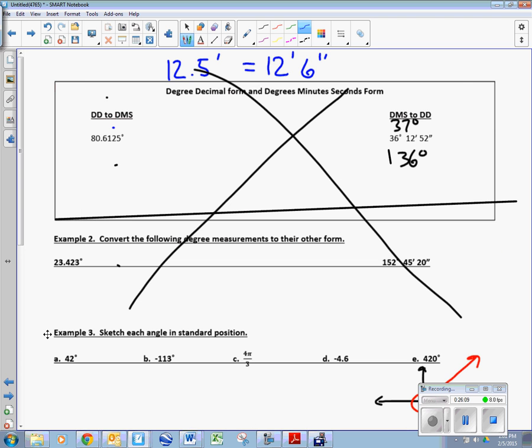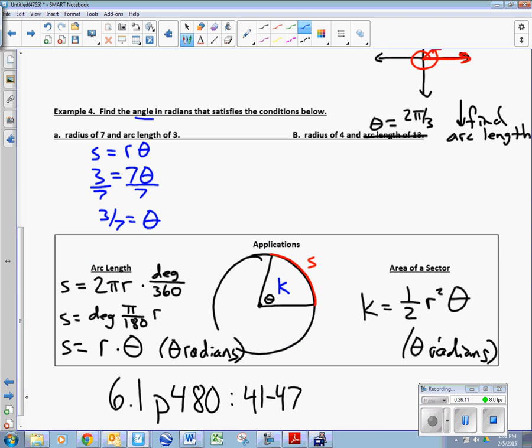Look at the next one. I've changed the problem just slightly. It says radius of 4 and theta is 2 pi over 3. We want to find the arc length. So I set up my formula. S is equal to r theta.